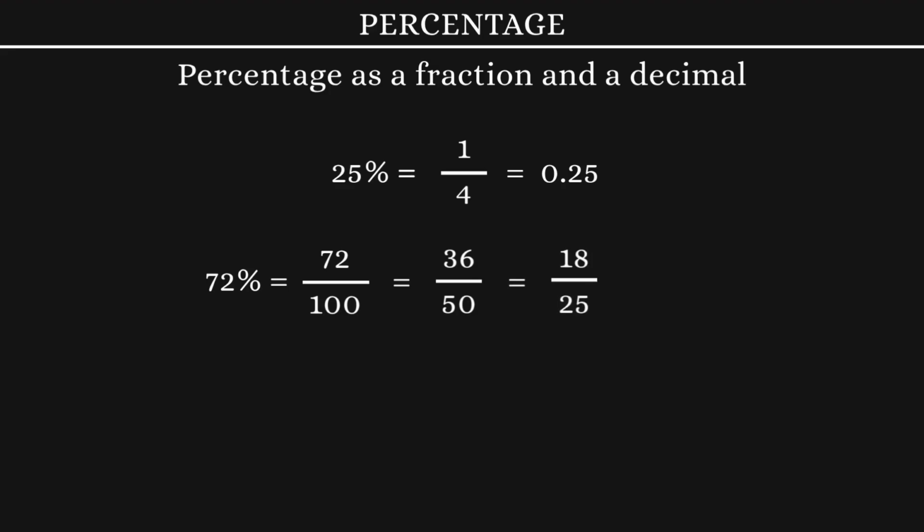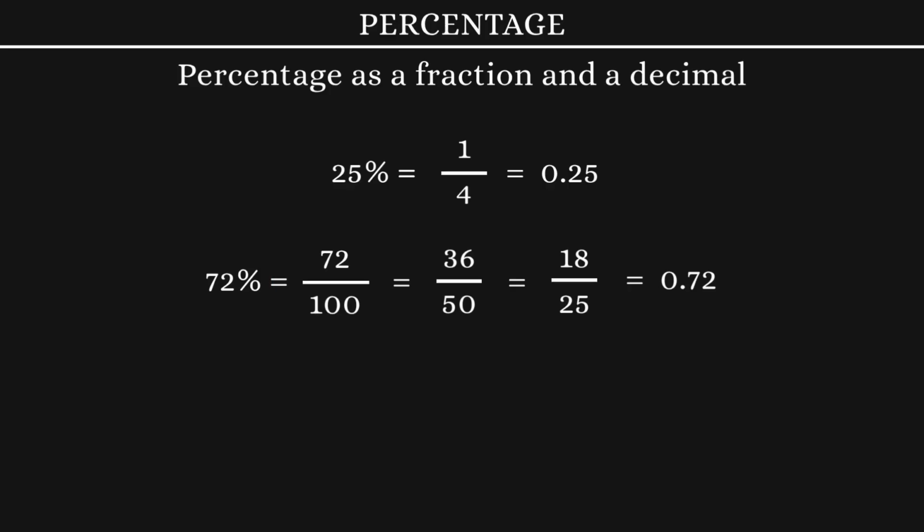Now, instead of dividing 18 by 25 to find the decimal, we can just use this 72, move the decimal point 2 places to the left and write it as a decimal as 0.72.